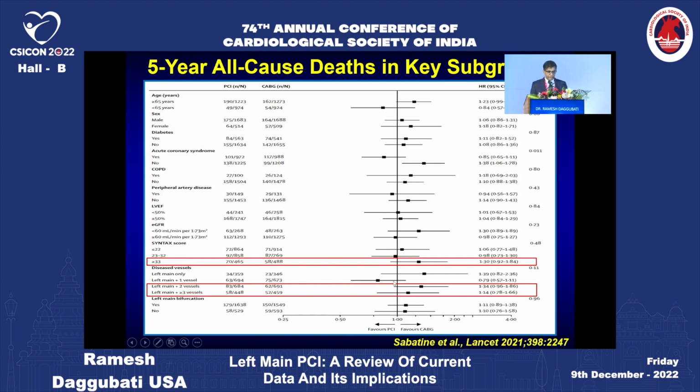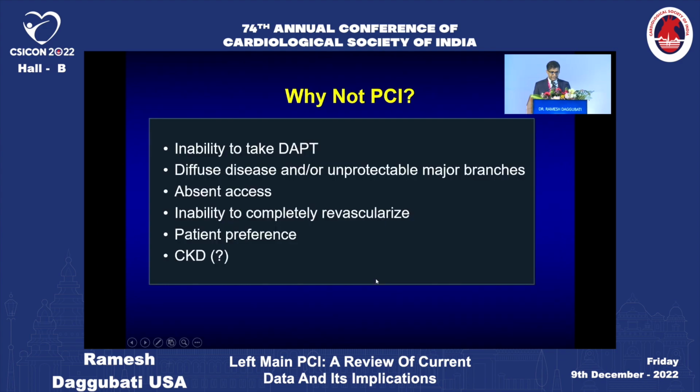But in 5-year all-cause death in subgroups, the key subgroups, still everything is mostly in favor of bypass surgery. Mortality is slightly higher in all the groups, except in left main plus one vessel, where PCI is probably favored. So rather than asking why I should not do PCI in everybody, why should we do PCI?